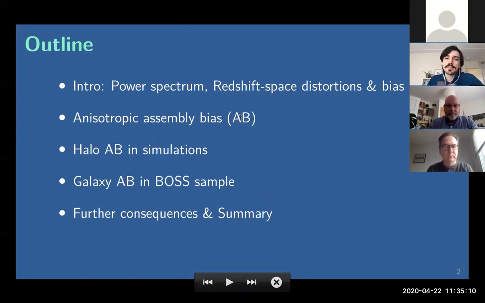So AB doesn't stand for assembly bias, it stands for anisotropic assembly bias. Then I'm going to show you some results from simulations where we looked at this for dark matter halos in numerical simulations. Then we went out and looked at this for BOSS galaxies. And at the end, I'm going to wrap up and summarize.